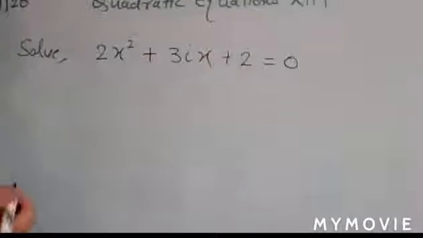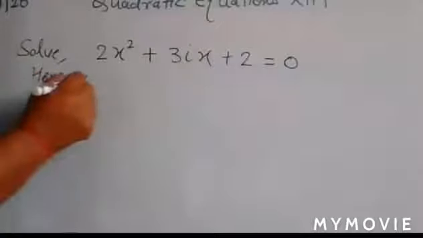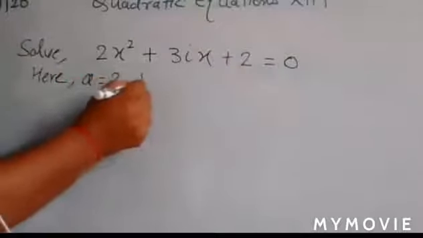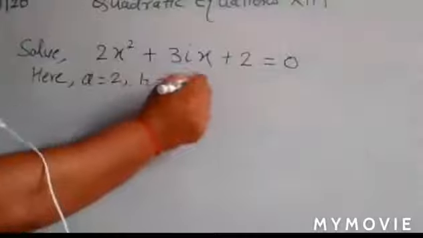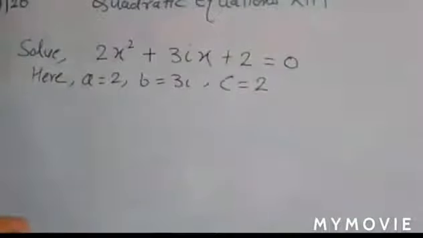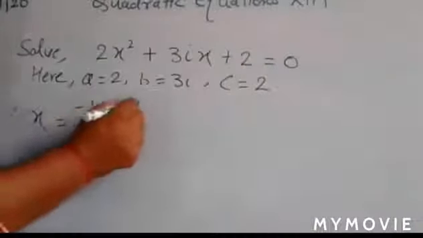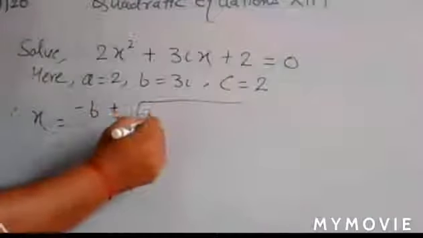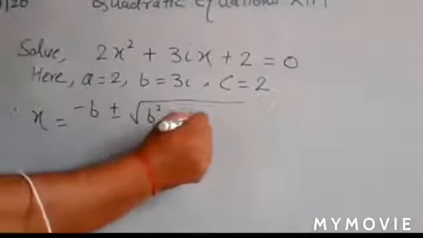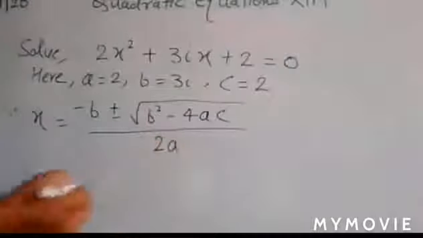Again, here you have to take a is equal to 2, b is equal to 3i, and the value of c is 2. So you write for x: x is equal to minus b plus minus root of b square minus 4ac, whole divided by 2a.